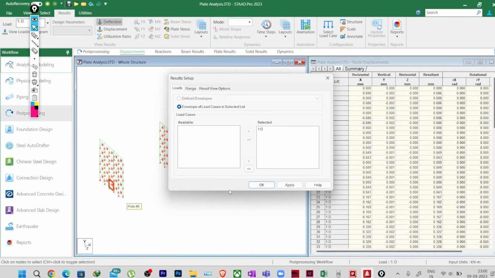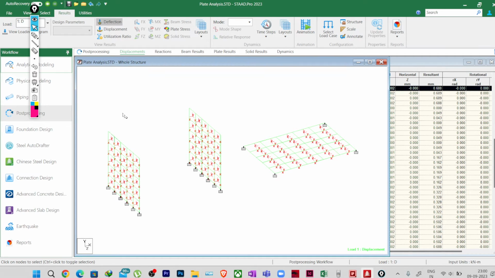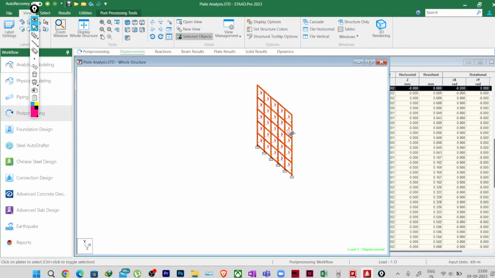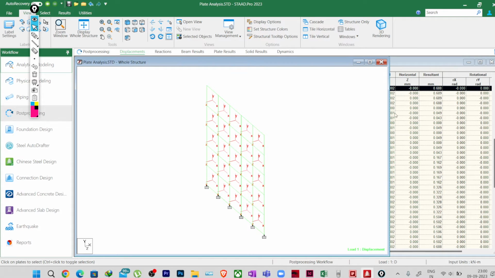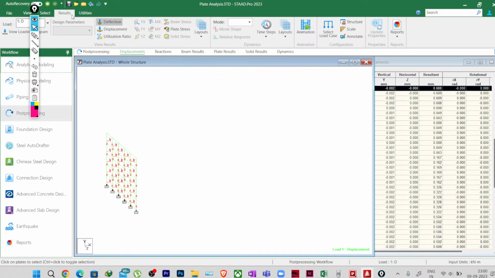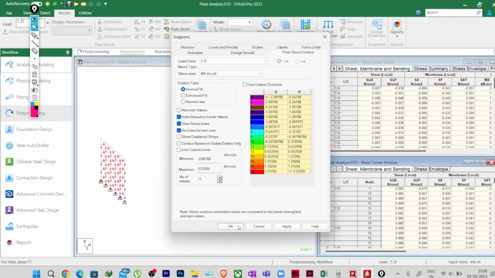Okay, post processing. Fine. Suppose I want to see only this wall, so I select this wall and view only this, so that we can easily understand. Now I go to the plate stress, so results, plate stress, and suppose I want to see the moment Mx.